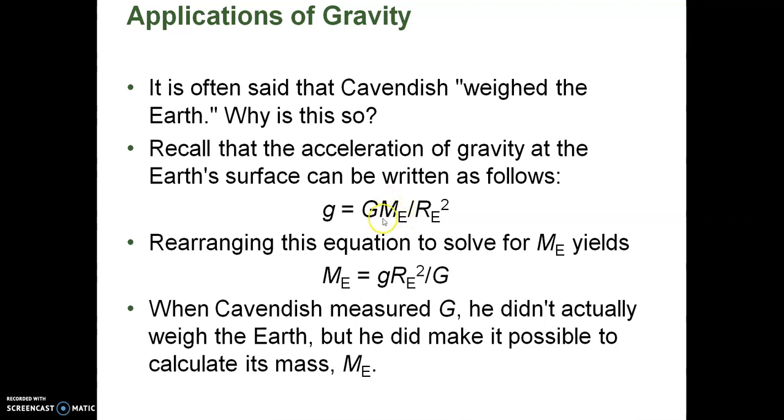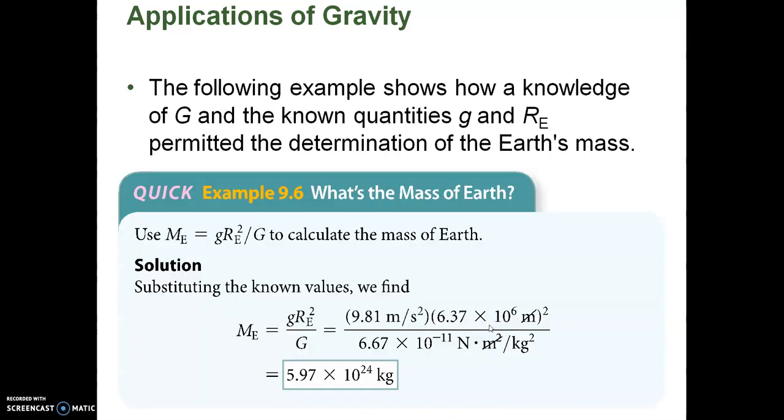So once Cavendish measured the value of the constant, capital G, they could actually find the mass of the Earth. So they say he weighed the Earth, but he actually calculated the mass of the Earth given the constant that he could measure. So that's that.